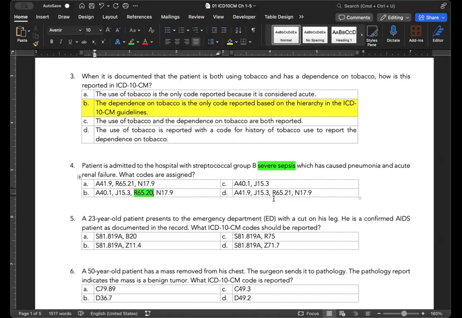Well, eventually, yes, we will get to that point. However, we want to make sure that we are recognizing that severe sepsis cannot be an only code, right? So we have to have something else with it. So we need to know the causal agent. So we're going to go to sepsis again, and then go to streptococcus, and then group B.